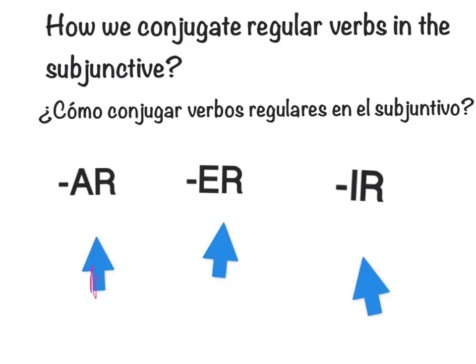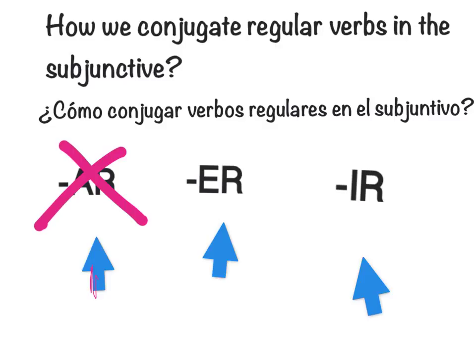When you conjugate verbs in the subjunctive, if they're regular, if the verb ends in ar, what you have to do is eliminate the ending. You have to get rid of that ar, and we add to the stem of the verb a series of endings.